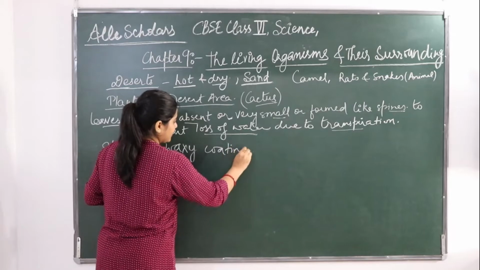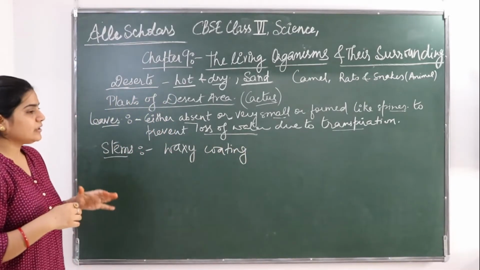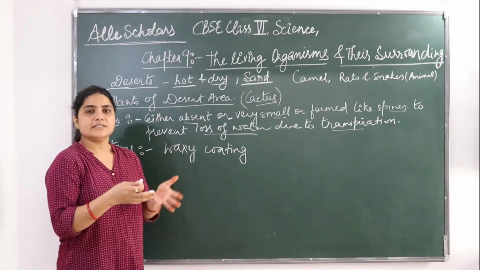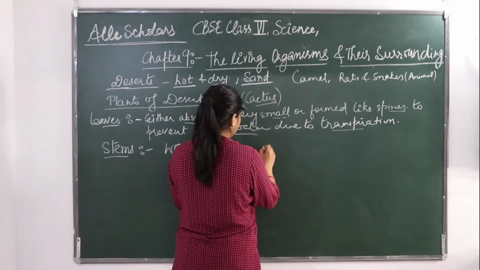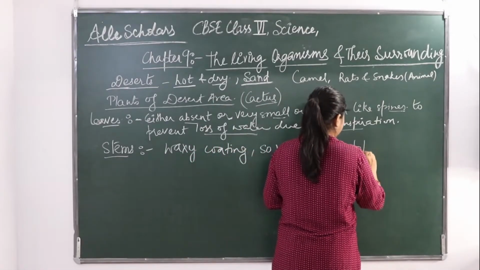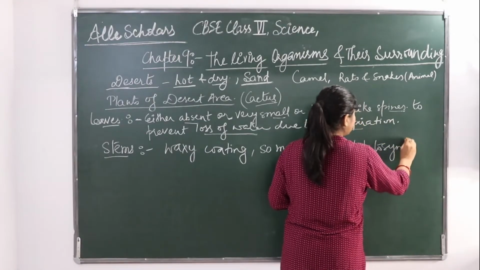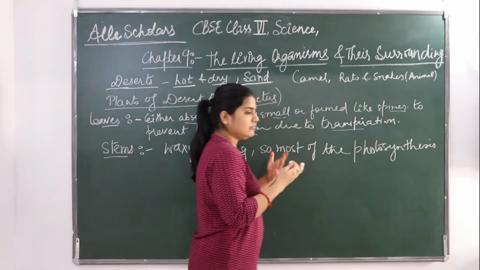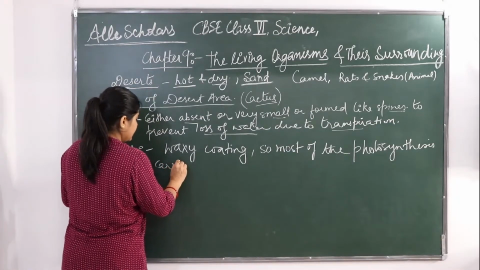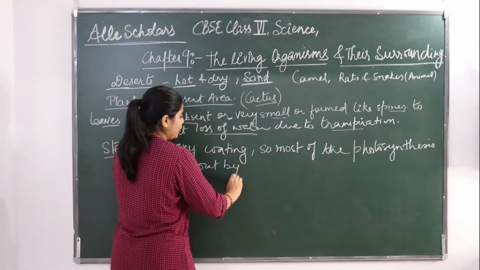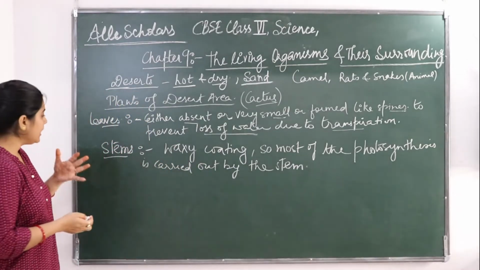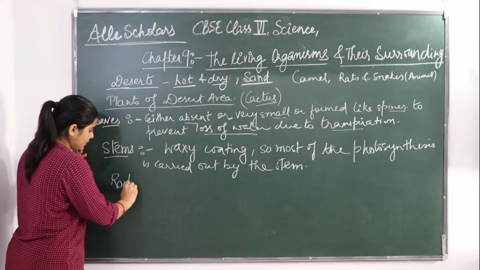And the benefit is that most of the photosynthesis is carried out by the stem itself, because there are mostly no leaves, and if there are, they are just spines. Normally photosynthesis happens in the leaf, which has chlorophyll, but here there is no such need.